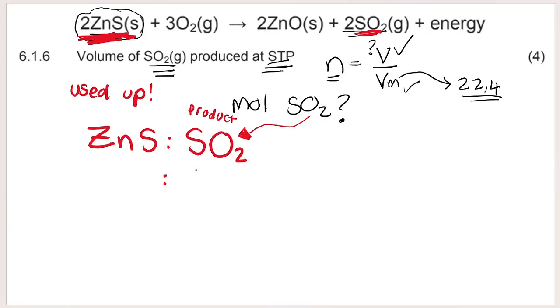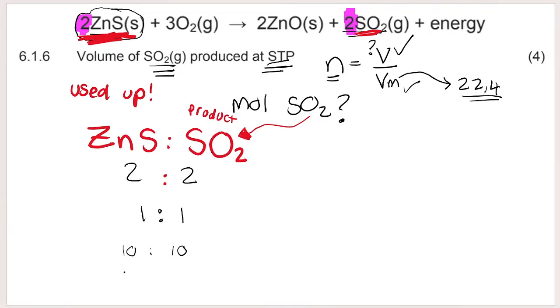Now, which numbers go into the mole ratio? Well, remember, the mole ratio is the big numbers. So 2 to 2. How do I simplify a ratio of 2 to 2? That would be a 1-to-1 ratio. So what that means is if I completely react 10 moles of zinc sulfide, that will produce 10 moles of sulfur dioxide.